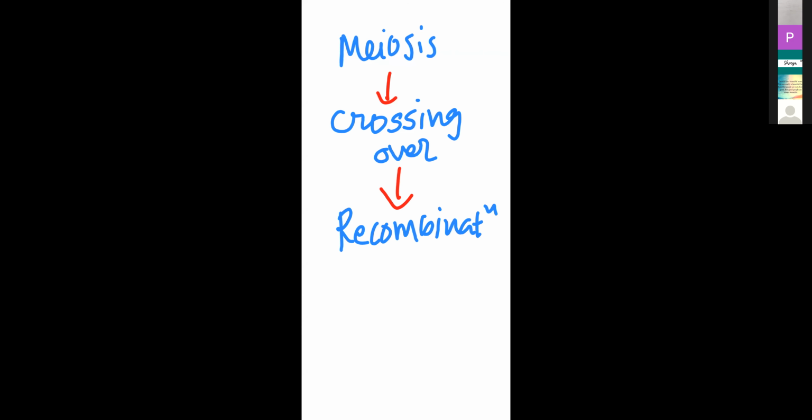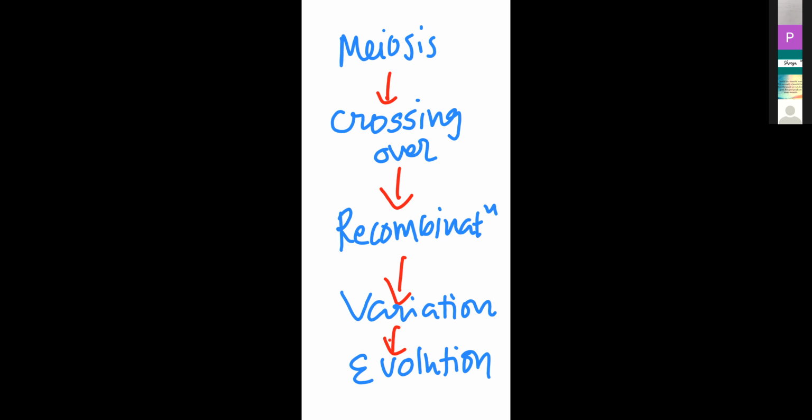On one chromatid there is one piece from the mother's side and one piece from the father's side. This means a new combination of genes is created. If such chromatids come through sperm or ovum into the offspring, there will be a blend of characters from both maternal and paternal sides, and this will lead to what is called variations in characters. New combinations of characters will be apparent there, and that is necessary in the process of evolution.